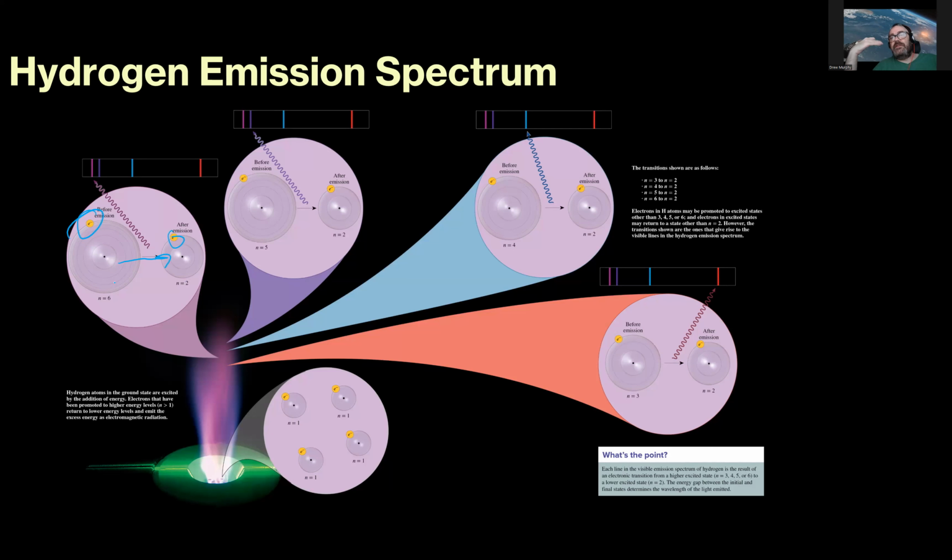When it loses the energy, it emits this energy as light. Because the energy is different for each of these transitions between the different energy levels, you see different colors, because each one is a different energy and a different energy is a different wavelength. Okay, this is where we're headed. I kind of gave us the answer at the beginning.